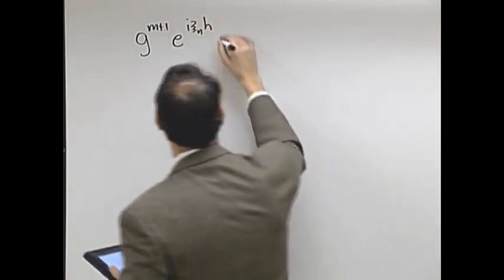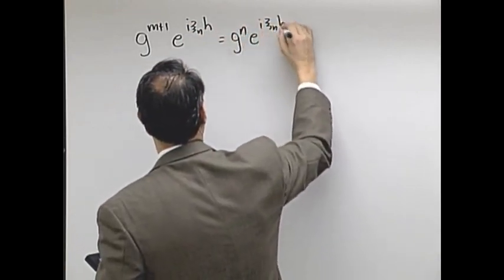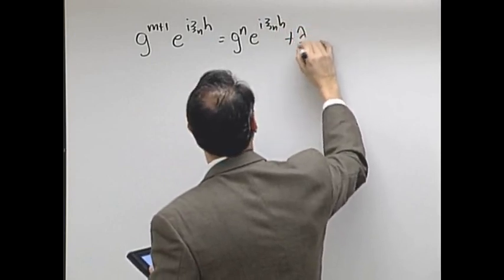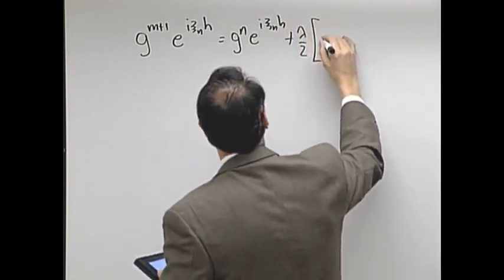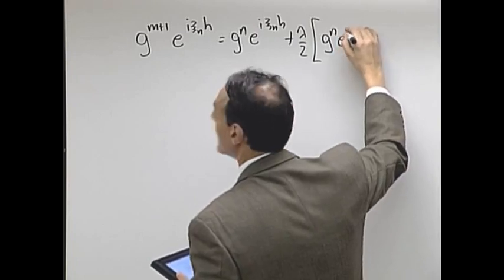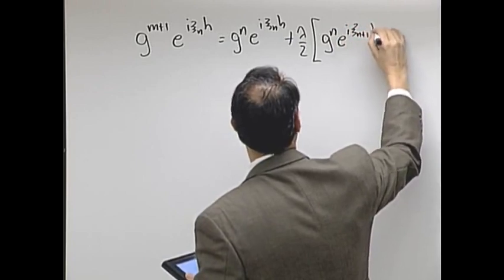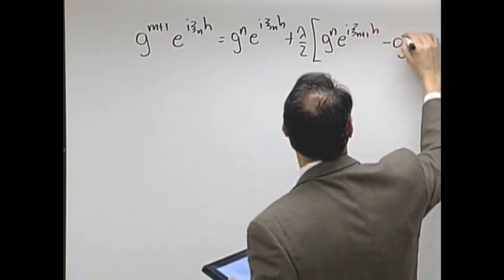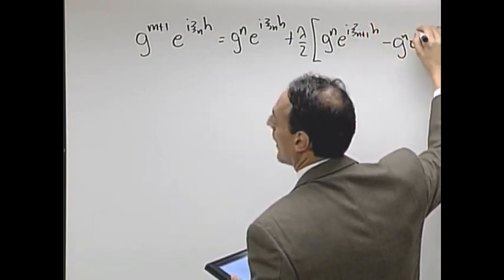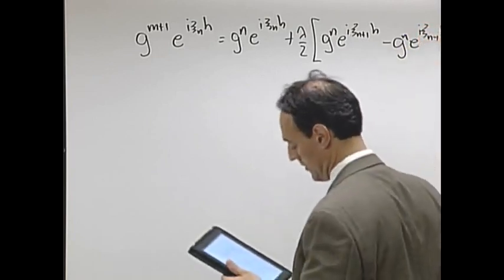So the left-hand side of the equation is equal to g of n, e to the I sigma n h, plus lambda over 2. And what you get in here is g of n, e to the I sigma c of n plus 1 h, minus g of n, e to the I sigma c of n minus 1 h. And there you go. There's your scheme.